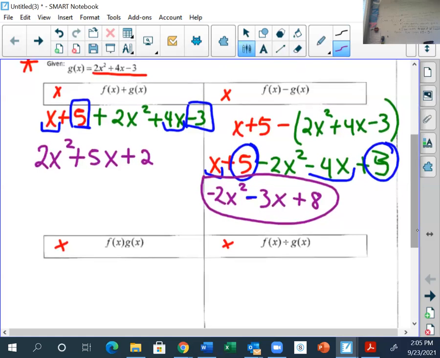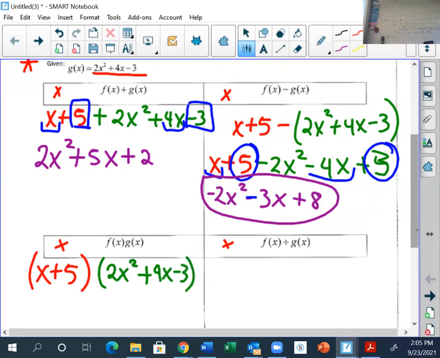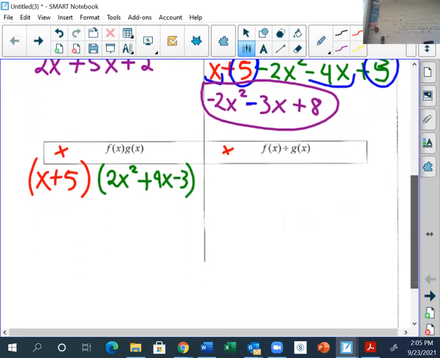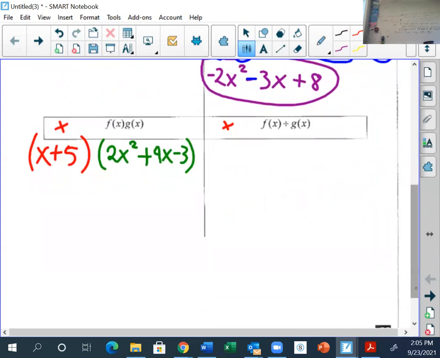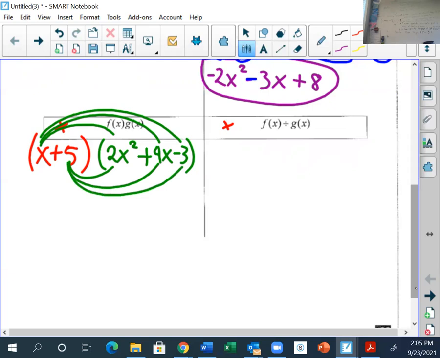So this is multiplication. The first expression is x plus 5 multiplied by g of x, which is 2x squared plus 4x minus 3. When you do multiplication, don't forget to do your FOIL method. That means the x is going to multiply this, this, and this, and the positive 5 is going to multiply the 2x squared, the 4x, and then the negative 3.